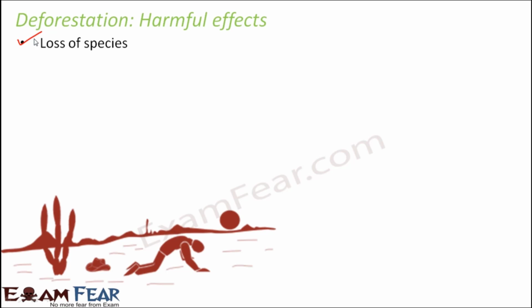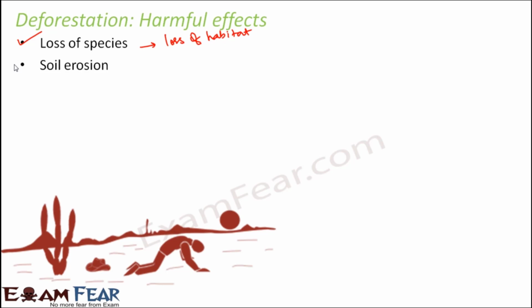So if that area is completely destroyed, what will happen? Those squirrels will also die, because they will lose their habitat and their source of food. Since those species are not present anywhere else, we are going to lose that species forever. So a lot of species are lost due to loss of habitat.